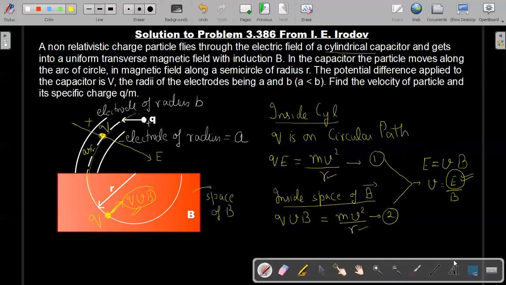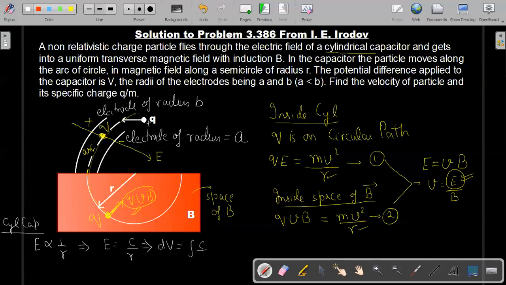In the cylindrical capacitor, just remember, inside the cylindrical capacitor, electric field is proportional to 1 over R. So we can say that the electric field is some constant over R. And further, using the relation between electric field and potential difference, you can write down that the potential difference V is the integral of E dr from a to b.